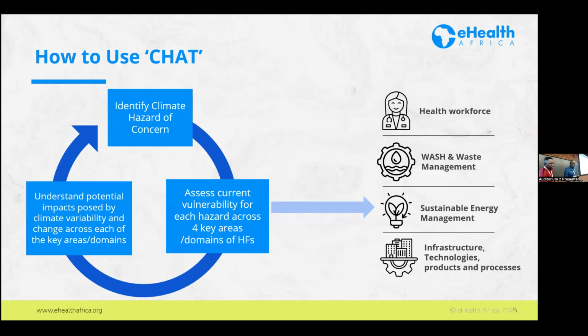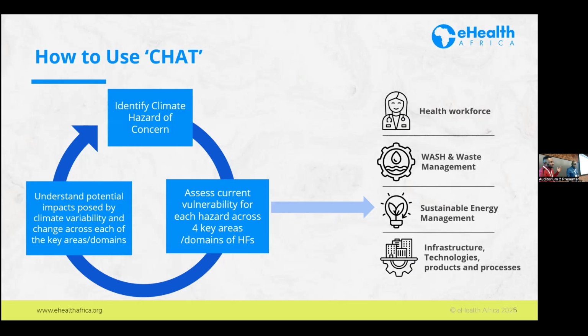So how do you use CHAT? So when you open the CHAT application, of course, as DHIS2 will possibly require, it asks for user details, all of that. But by the time you get that and go to the interface, it allows you to identify the climate hazard of your concern, and then you commence the assessment. The assessment is structured based on WHO guideline around these 4 domains. It assesses the health workers' capacity.